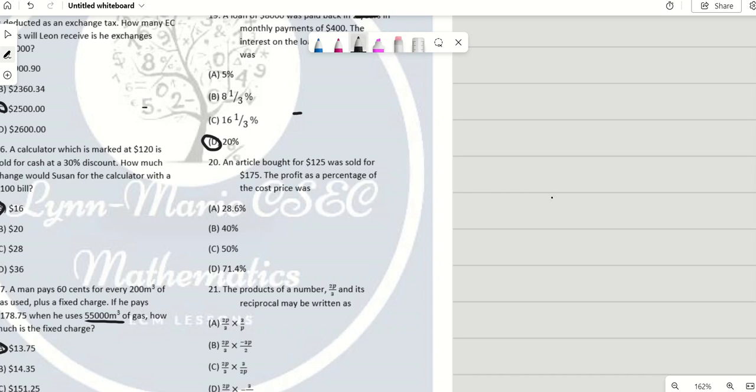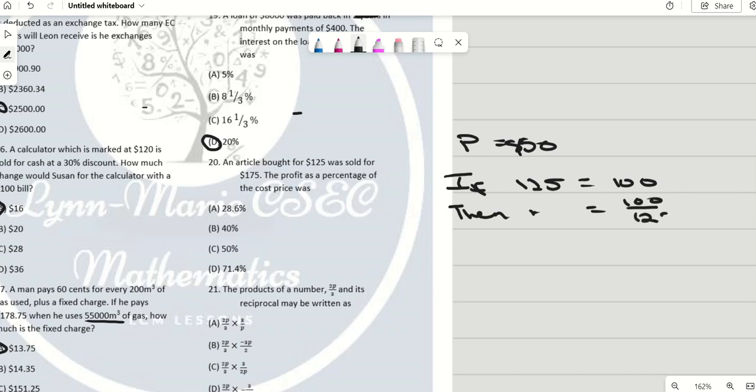Let's look at it. An article bought for $125 was sold for $175. So first off, he made a profit of $50, right? We want to find out what is the profit percent. So we know that the original cost is 125. If 125 is equal to 100, then 1 would be equal to 100 over 125.